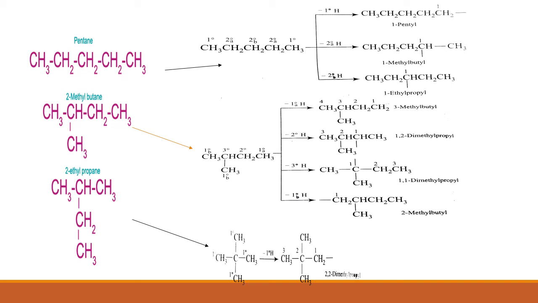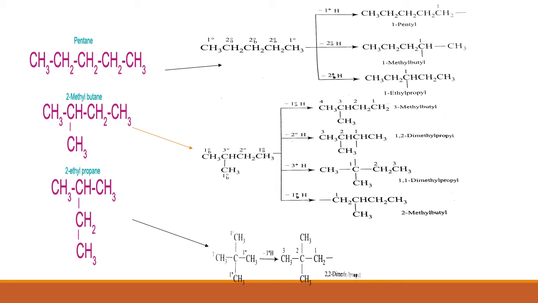It can be produced by removing 1 H from a 1 degree, terminal carbon, which is CH3, giving 2-methyl butyl. In the second case, 1,2-dimethyl propyl, the H is removed from carbon number 2, the secondary carbon, and the remaining group is the alkyl group attached.